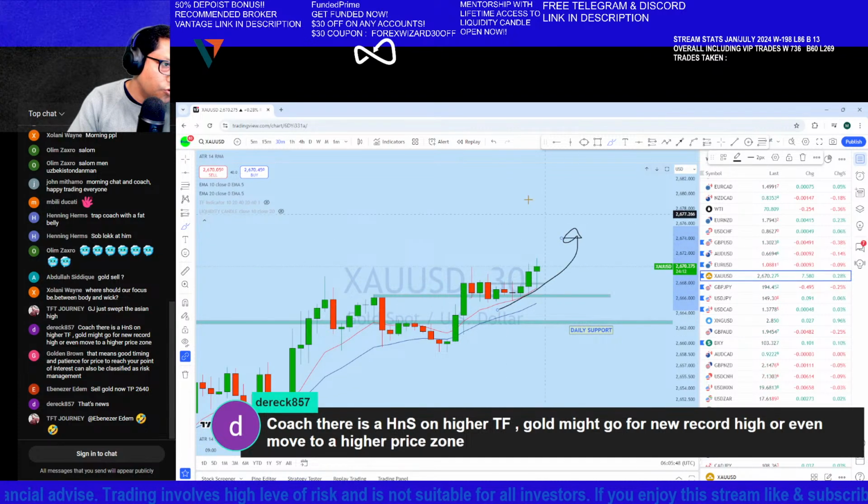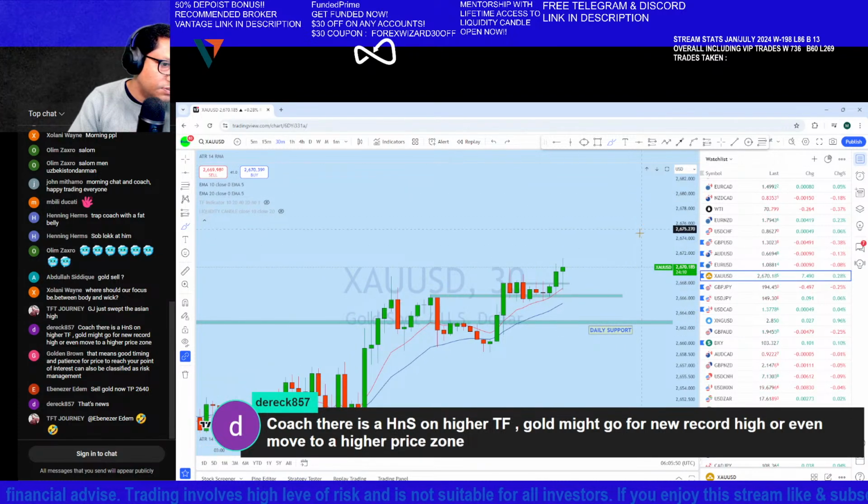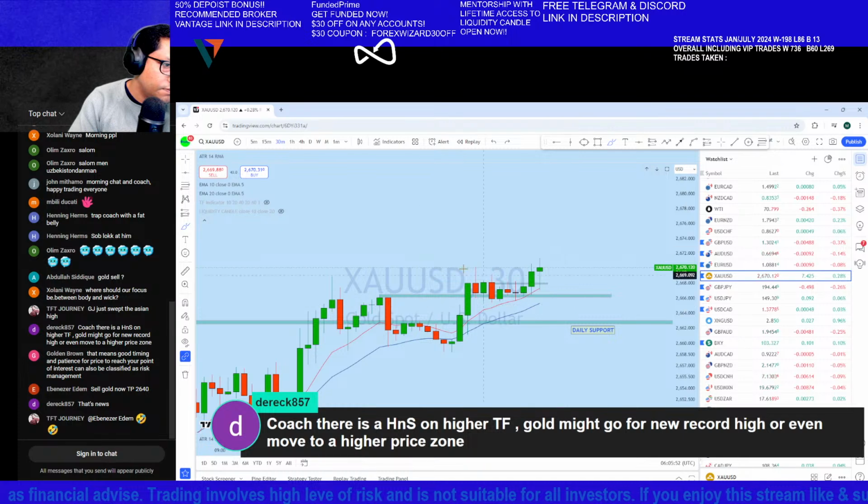A series of higher lows so far on the 30 minutes and the lower time frame.